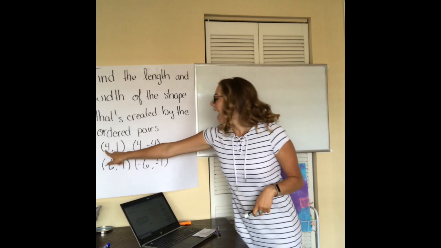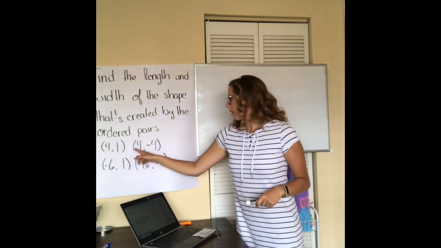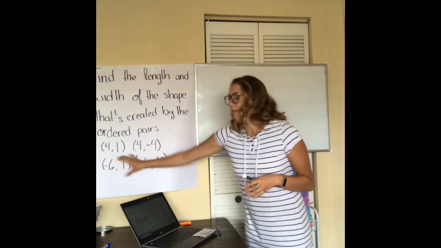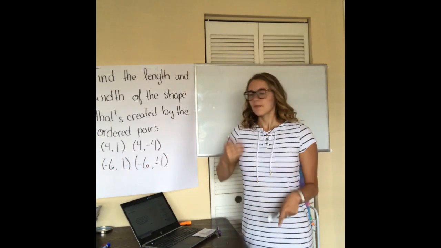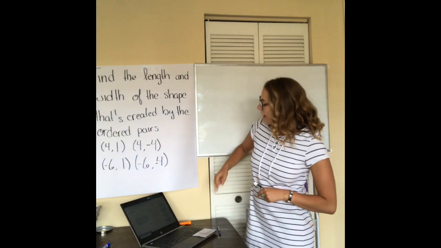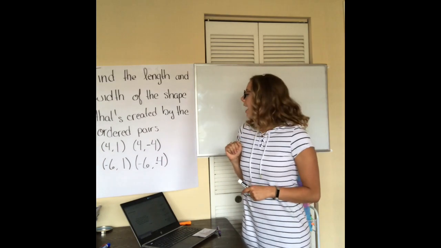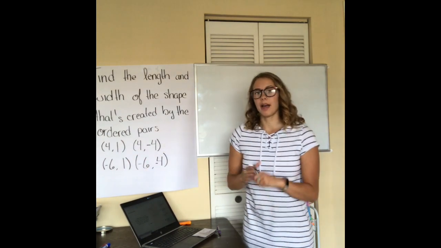I see that my x values of these first two coordinates are both positive 4. And I see that my x values of my next two coordinates are both negative 6. And I see that the y values of these matching coordinates are both negative 4. And the y value of both of these coordinates are both positive 1.